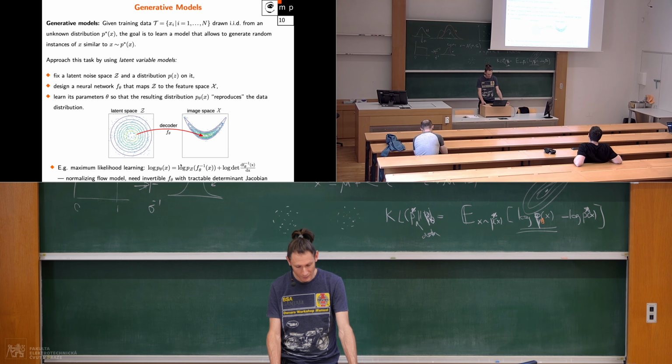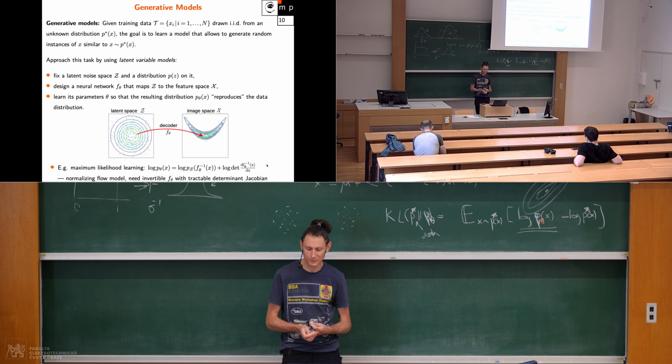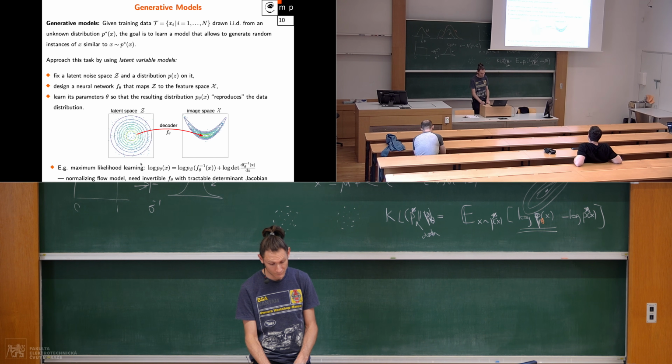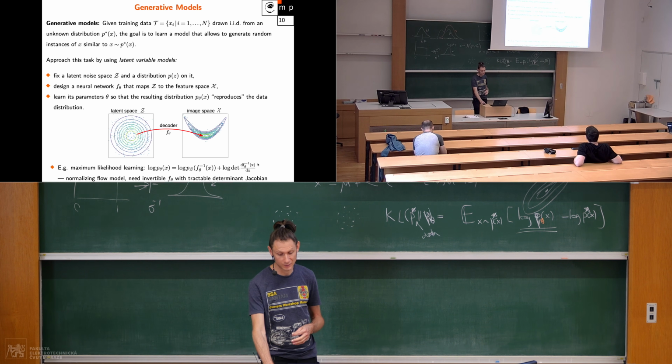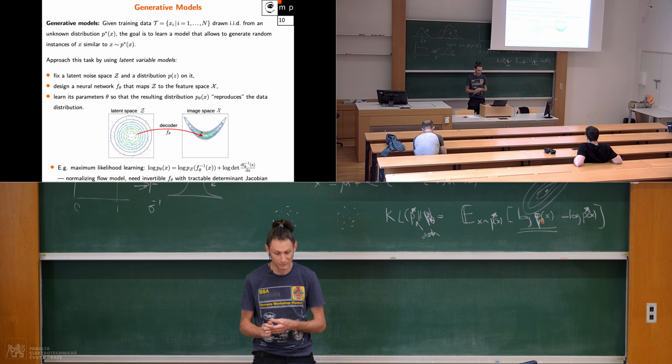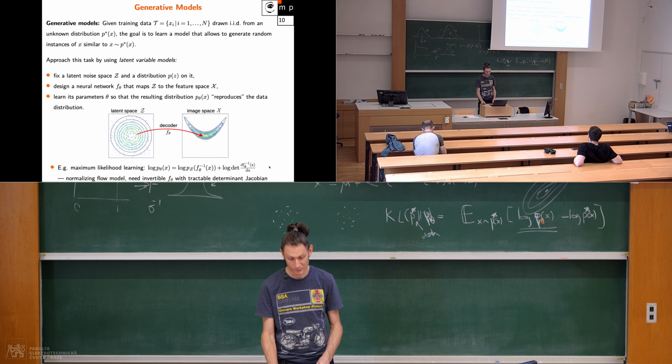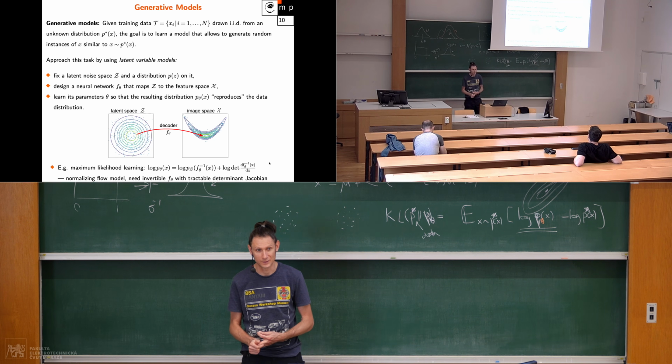This looks a little bit complicated, and this is not the way we're going to take, but it is a possible way. To make this feasible in practice, what we need is an invertible mapping for the decoder. So the decoder must be invertible, and its determinant Jacobian must be tractable somehow.